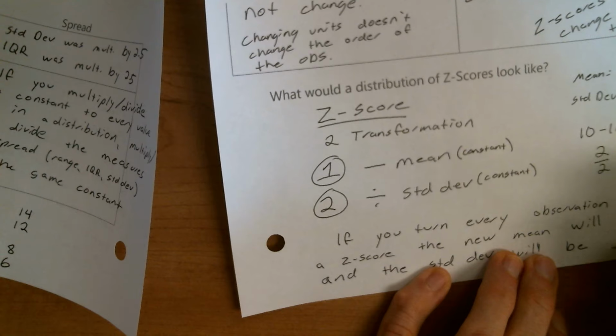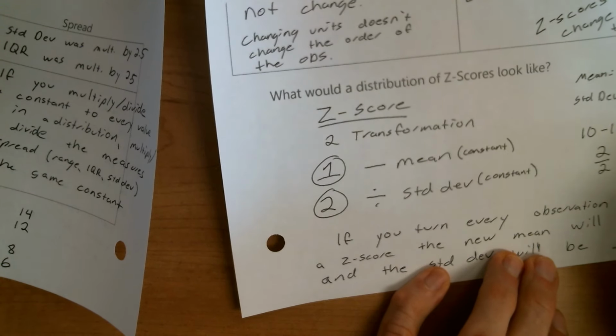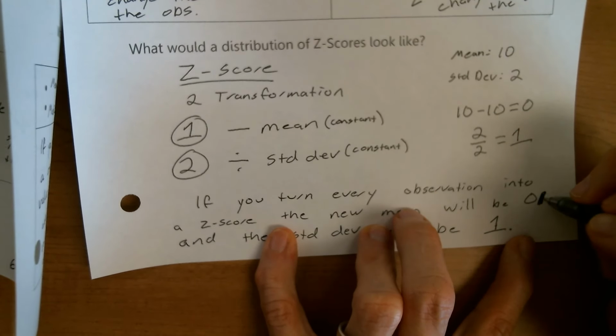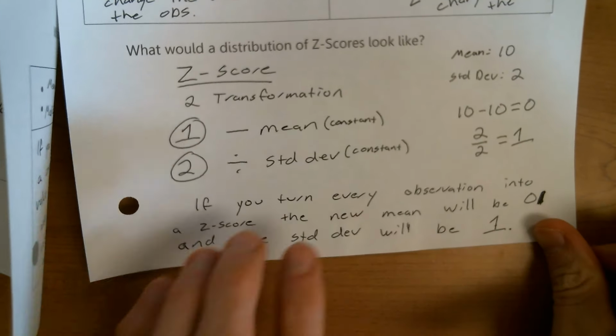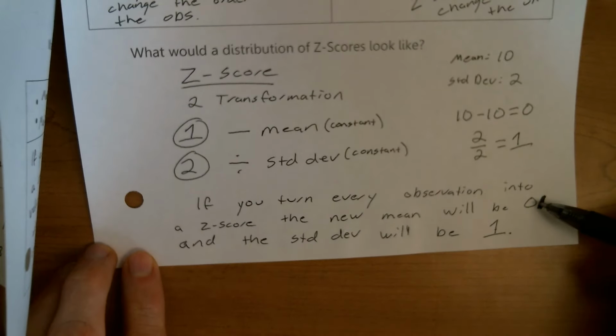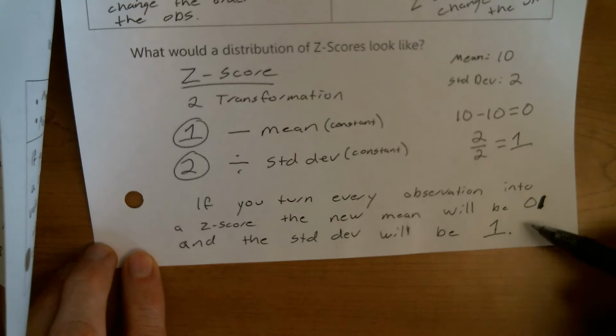This is going to be really useful to us down the road, because what this effectively says is that no matter what my starting distribution is, if I turn everything into a z-score, I'm guaranteed that the new distribution of z-scores will have a mean of 0 and a standard deviation of 1. And this is going to be really helpful when we start looking at the normal curve.